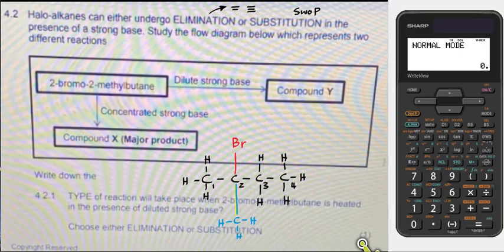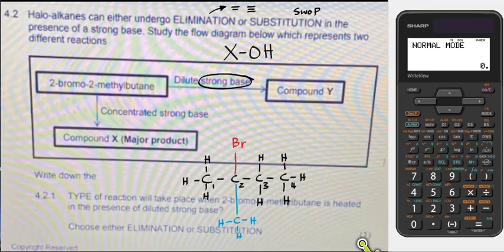Now check what's happening. They say it is diluted with strong base. Remember, anything that is a base ends with an OH.